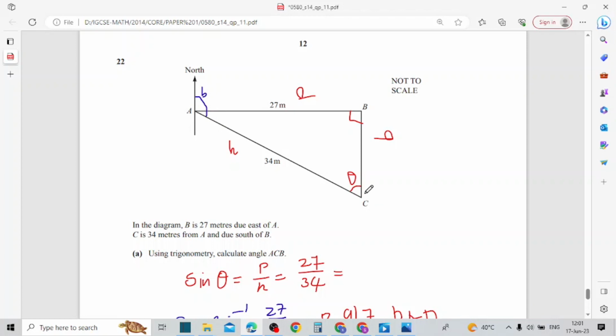You see here, theta is equal to this opposite angle. This as well is theta, because they are opposite angles.